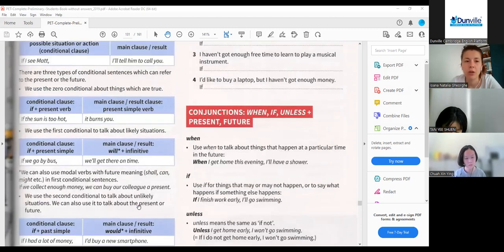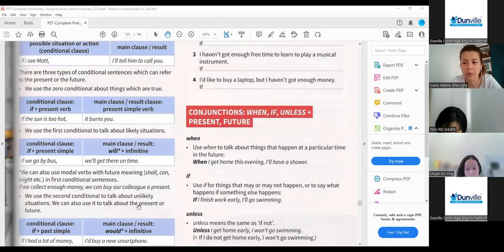Now I don't want to go through all of them from the start, but I would like us to start with the zero conditional. So present tense, and I'm going to share with you a worksheet, if you bear with me.